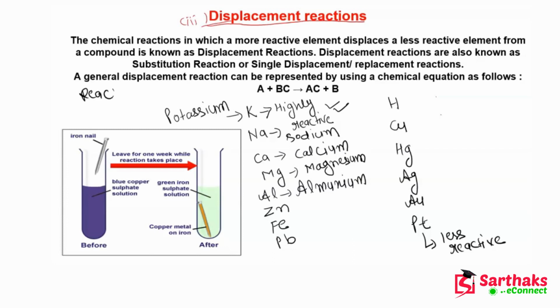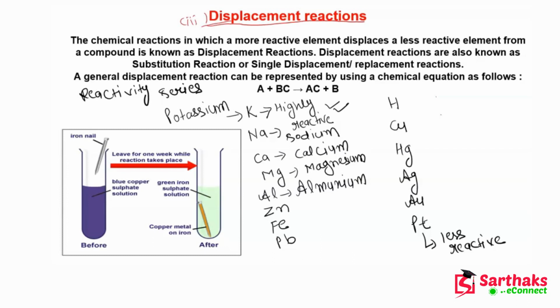If you are asked what is a reactivity series, a reactivity series is a series where we arrange the elements according to their reactivity. So if you move from up to down, the reactivity will decrease. This platinum is very less reactive, or you can say it is least reactive.